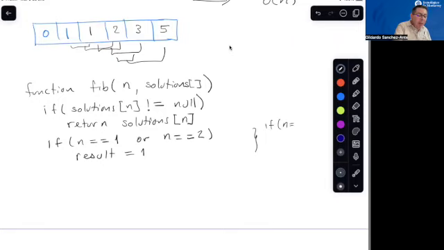If n equals 0, then result is 0. If n equals 1, result is going to be 1. Okay, but this is easier because I have only one condition and the same answer. So this is just to check if this is the base case.